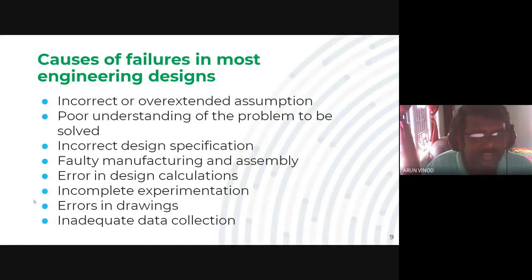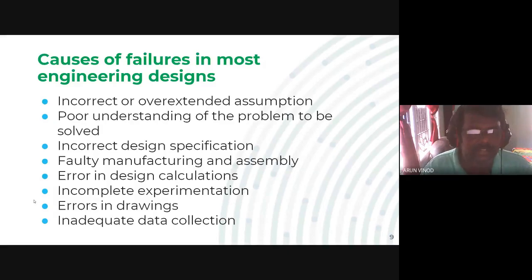That's the second failure. The third failure is incorrect design specification. If the specification is incorrect, the design will also be incorrect. And faulty manufacturing and assembly. If there is a problem with the design, your manufacturing and assembly will also be faulty.